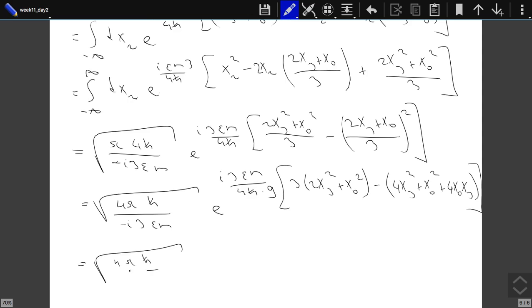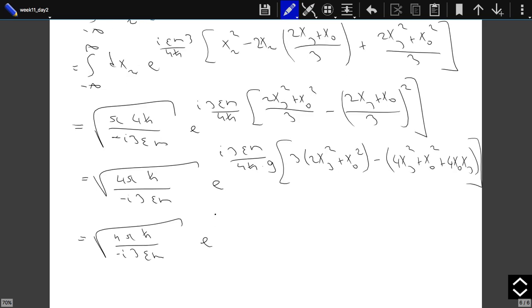Well, let's rewrite it once more. e to the power 3i epsilon m over 4 h bar times 9. 6x3 squared minus 4x3 squared is just twice x3 squared. 3x0 squared minus x0 squared is twice x0 squared. And then I have minus 4x0 x3.